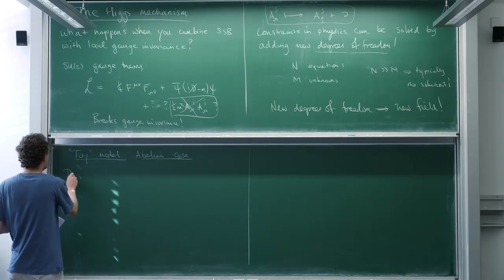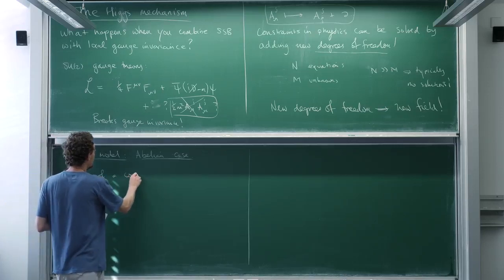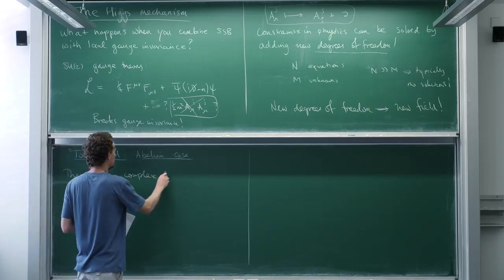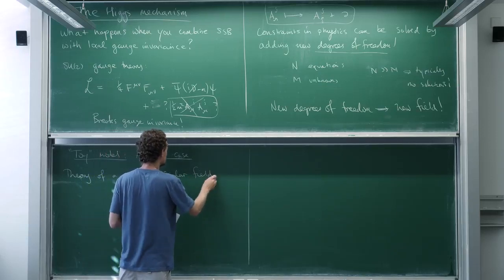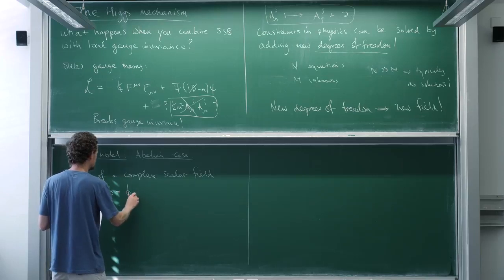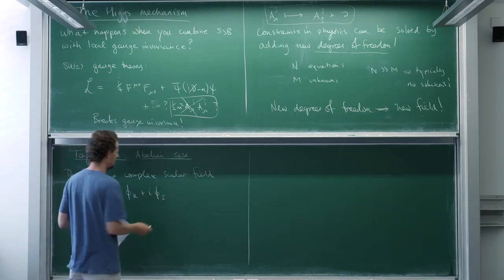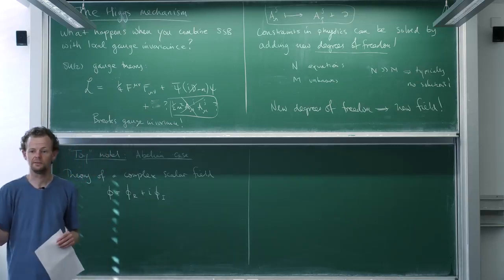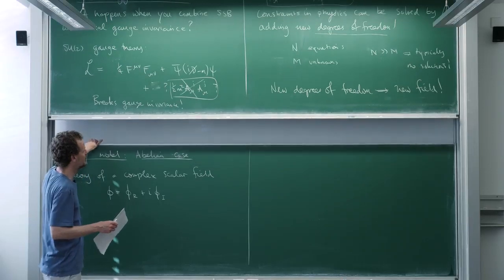So this is a theory of a complex scalar field, which, if you like, is just a doublet of scalar fields. No real harm in thinking about it like that.